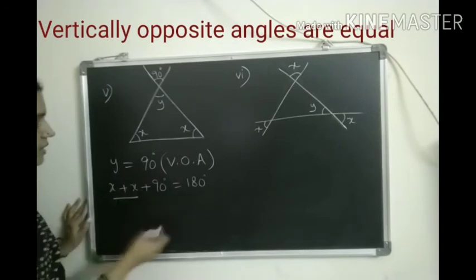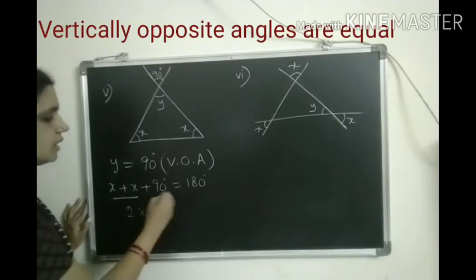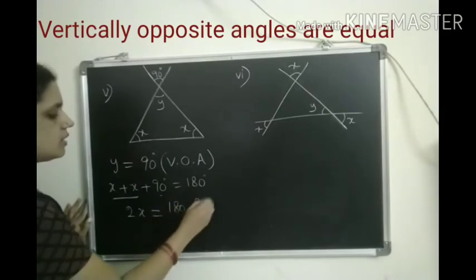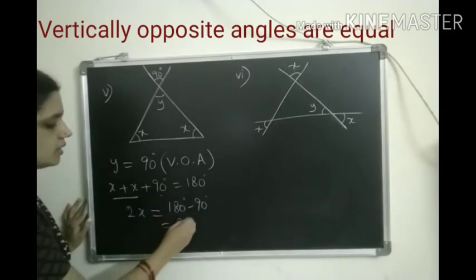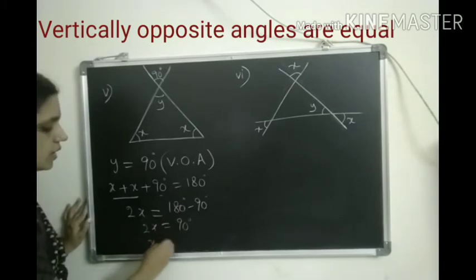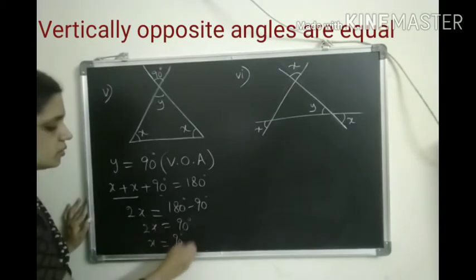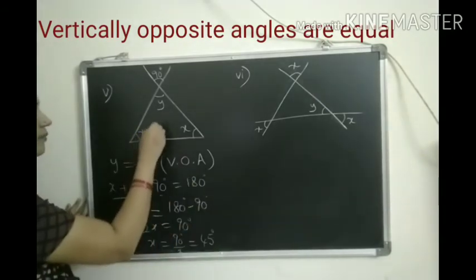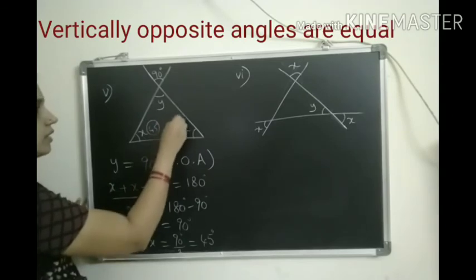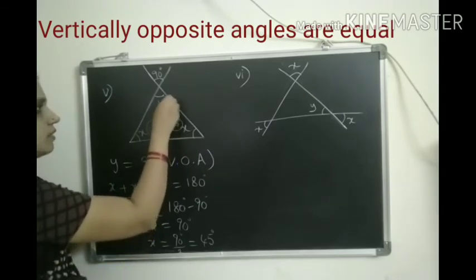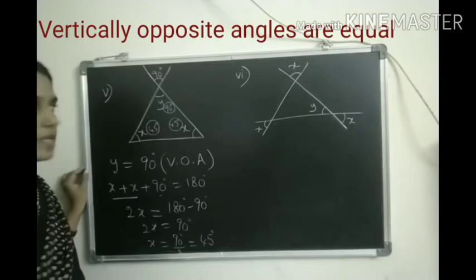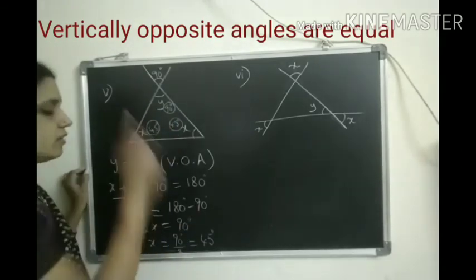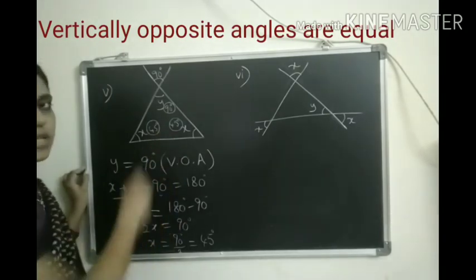So x plus x is 2x. 2x equal to, if you shift it to the right hand side, 180 minus 90, that is 90. So 2x is 90, so x equal to 90 by 2, that is 45 degrees. So this is 45 and this is also 45 and this is 90. Which type of triangle is it? Right angled isosceles. One angle is 90 and the other two angles are equal, and that is 45. So this is a right angled isosceles triangle.